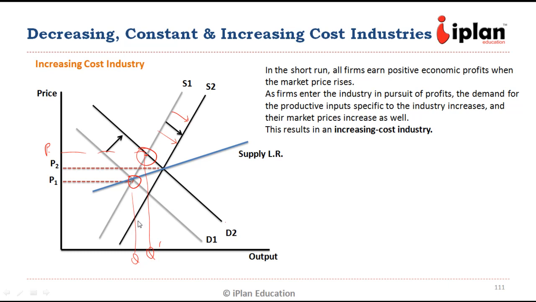Now it is cutting the demand curve at a new level, which is not the same as the earlier price level. It is P2. It is not coming back to P1, but it is coming to P2. So we can see the price is rising slowly. This was the price earlier, then this price, then this price. So the long run supply curve will be rising prices. So this is the case of increasing cost industry.